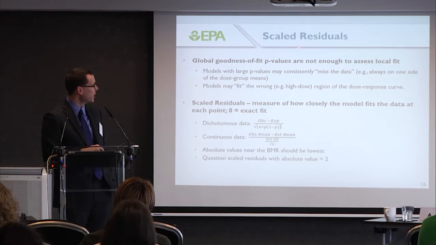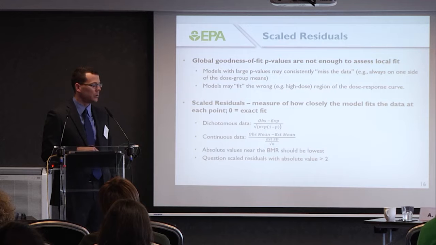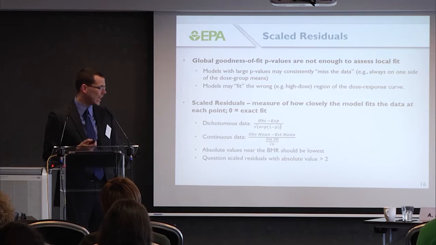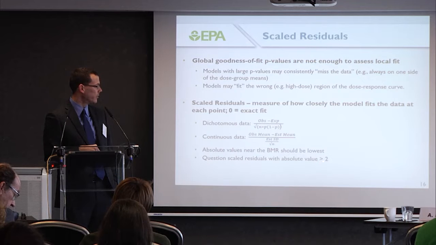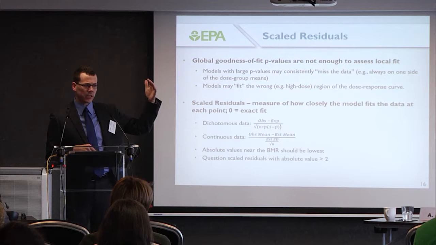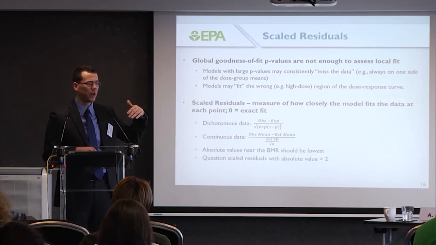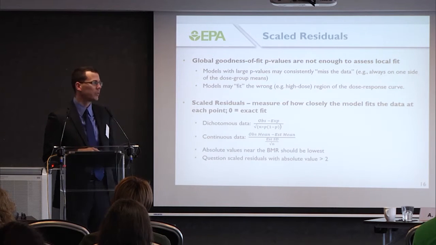So we also recommend looking at the scaled residuals, which is just a measure of how closely the model fits at individual points, with 0 equaling an exact fit. Our recommendation is to question scaled residuals with an absolute value of greater than 2. So the scaled residual is going to be negative or positive depending on whether or not the model is overestimating or underestimating the actual observed response.